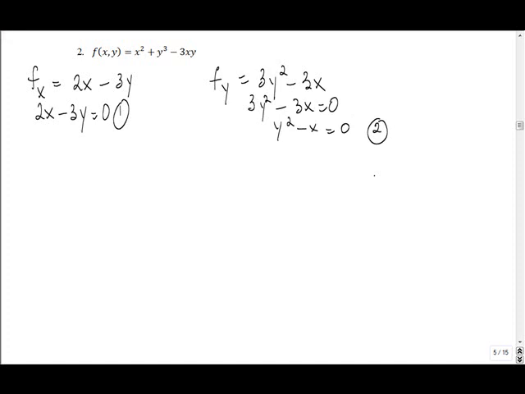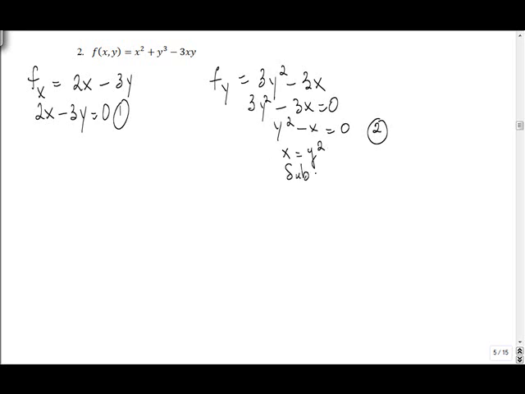Now, you have to solve these two equations, right? You would solve them by substitution. So you can take one and put it into the other. Whichever one. I think we can take number 2, solve for x and put it into number 1. I think that's what I would do. Okay? So here x is equal to y squared.